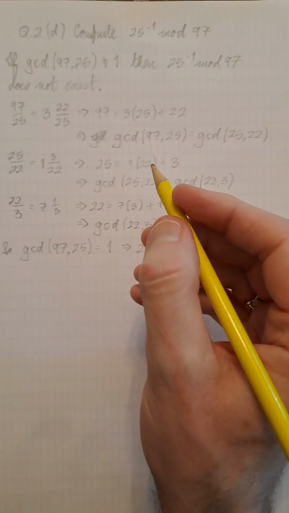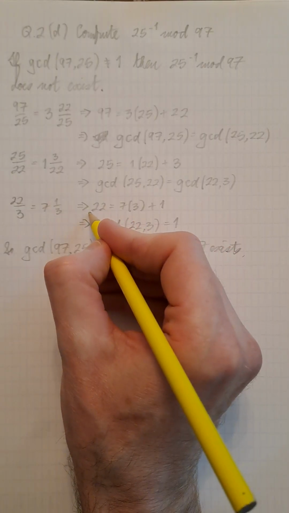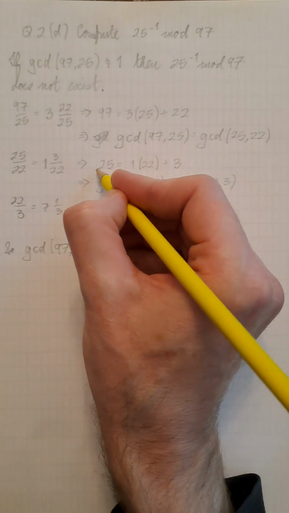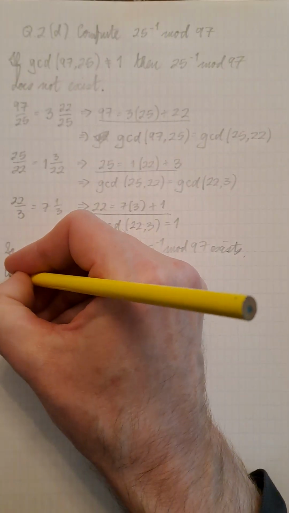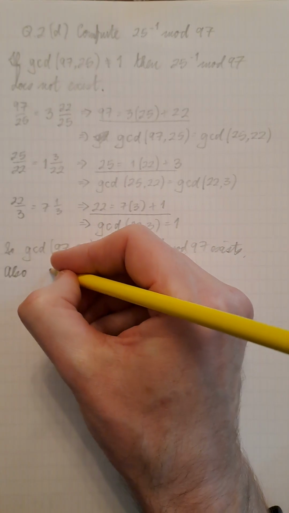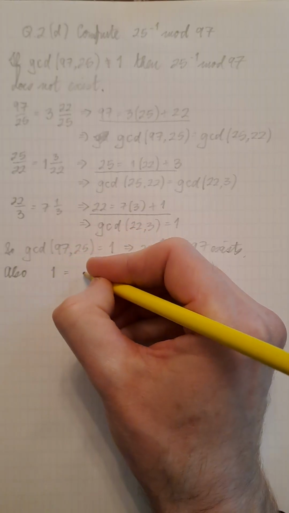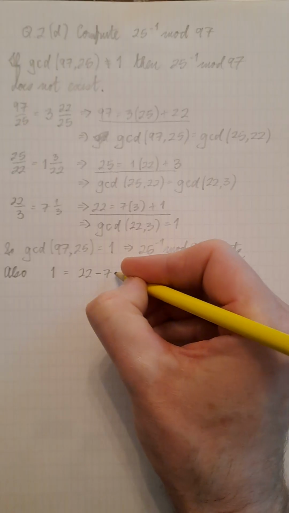We have these 3 important equations, which we can rearrange. So this one can be written as 1 is equal to 22 minus 7 times 3.